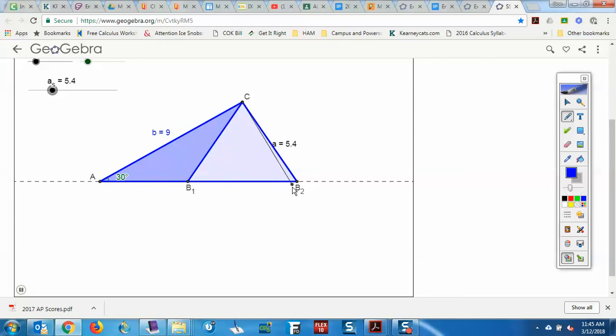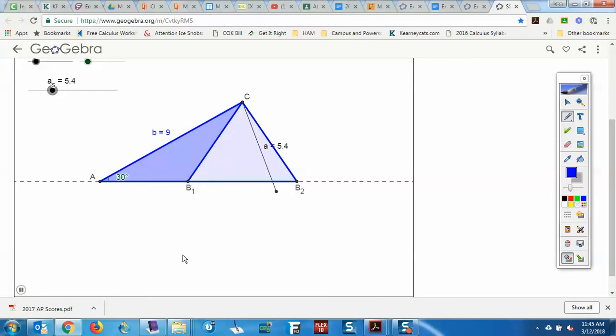Well, if this one's already obtuse, there's no way you can have a second triangle because you can't have another obtuse angle. So if your given angle is obtuse and you're doing the ASS situation, you can either have 1 triangle or no triangle. You can't have 2. The only way you can have 2 is if this given one's acute and it's the ASS situation, and then those other things happen.